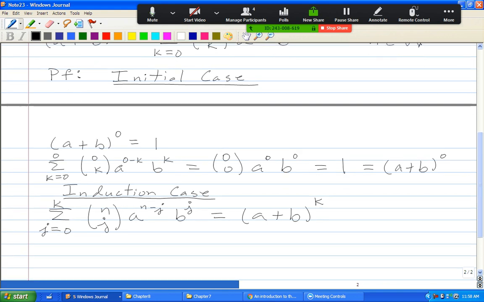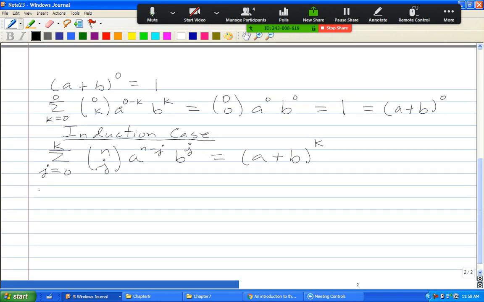Okay, so now I want to look at a plus b to the k plus 1. Let's see if it's equal to this formula where I replace n by k plus 1.